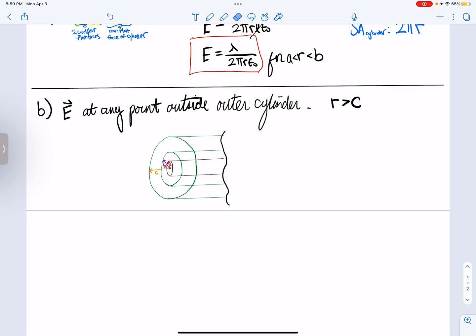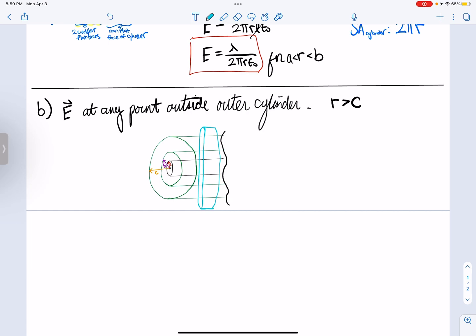So I'm going to draw another cylinder. I'm not the best artist. It's a bad looking cylinder.